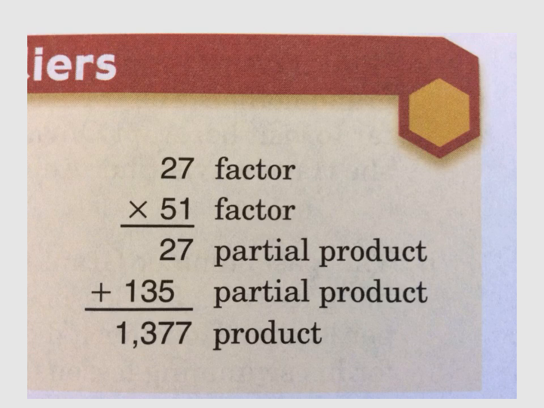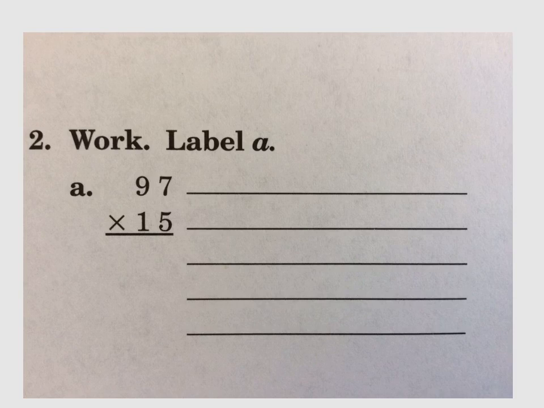And so what they're asking us to do now in these blanks in number 2 is write down those same words. So the first two that we need to fill in is factor and factor.